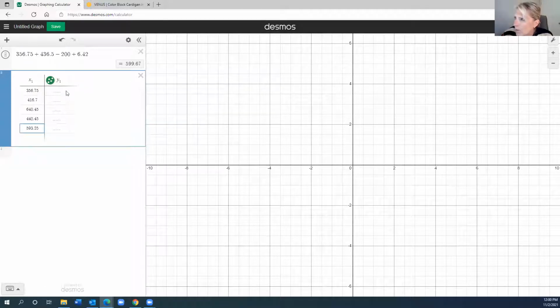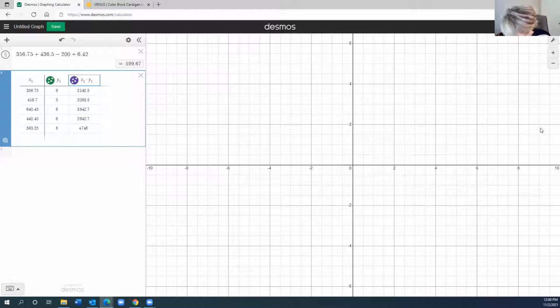And then in Y1, I'm going to put the number of days: 6, 5, 6, 6, 8. And then here, I think I can just do X1 times Y1. And it will just multiply those for me. So X1 times Y1 is going to be my balance times number of days. It's going to be my third column.